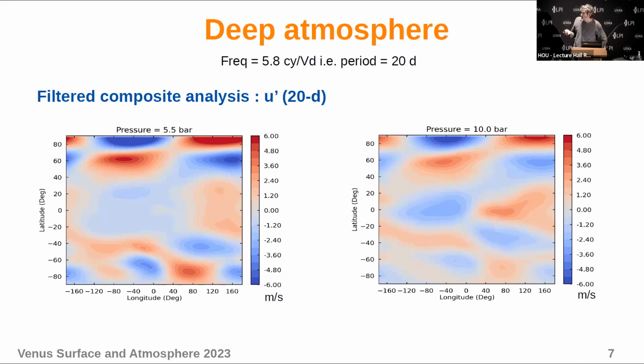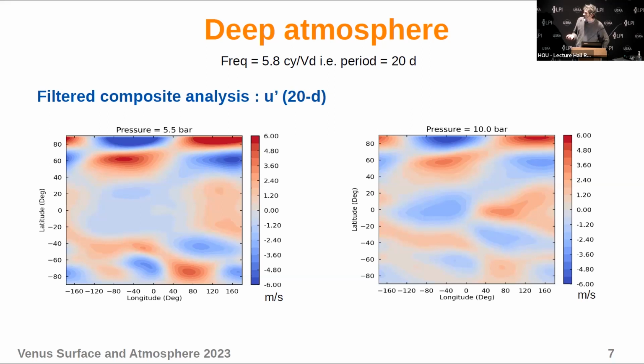This is again the filtered composite analysis for these waves at 20-day period. And you can see their structure as a function of latitude and longitude, with mostly an activity in the upper atmosphere, in the higher latitudes.